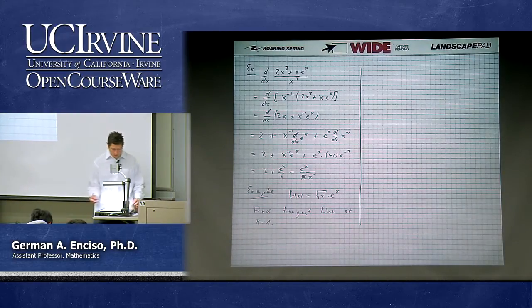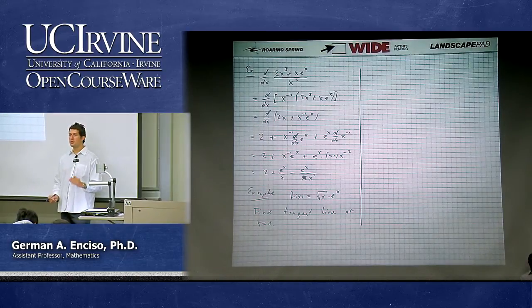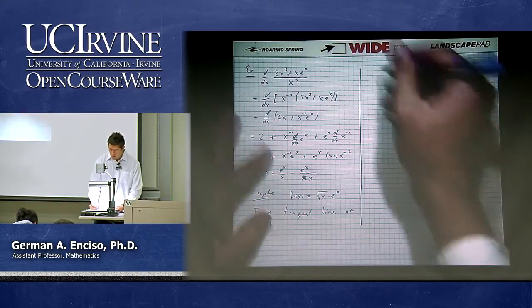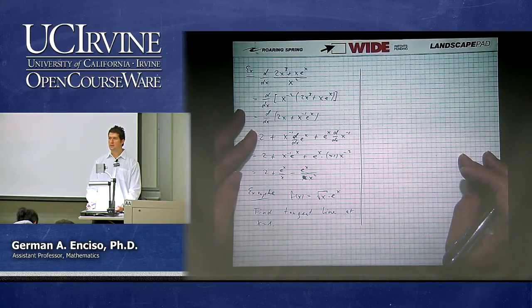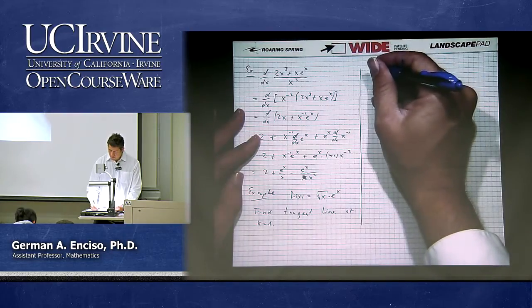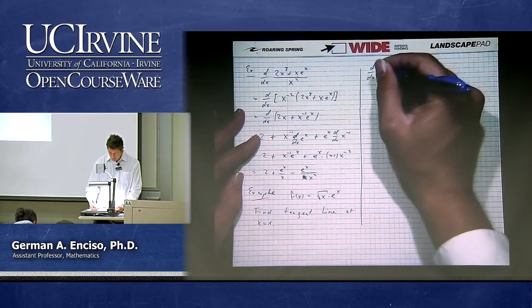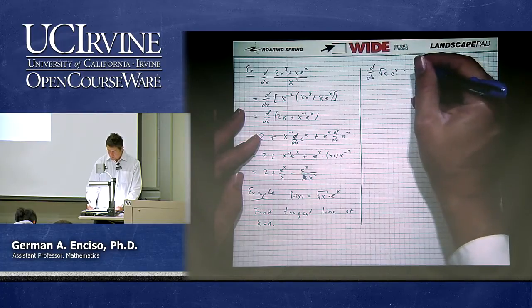Okay? So the hardest part of this problem is to find the slope of the function at x equals 1. And how do we find the slope of the function at x equals 1? We take the derivative, that's right. So first we find the derivative of square root of x e to the x.